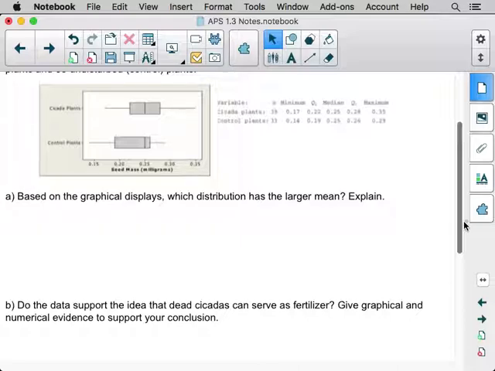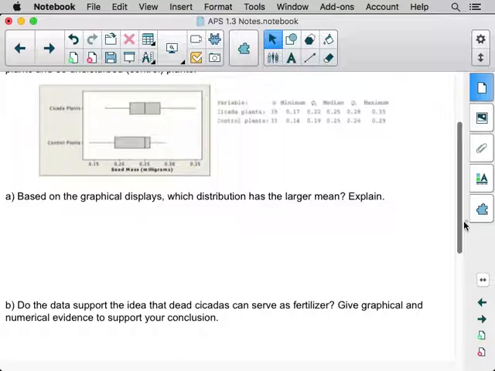Do we think that the cicadas are helping the plant growth? Yes. Why? Can you back that up for me? Bingo, yeah. So in part A, we discussed that the average is higher for the cicada group than the control group, right? Indicating that, yeah, it is increasing plant growth.